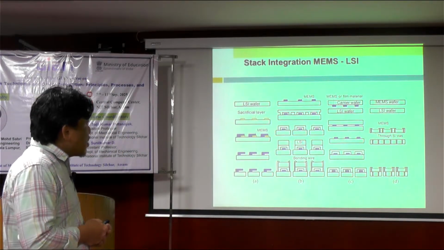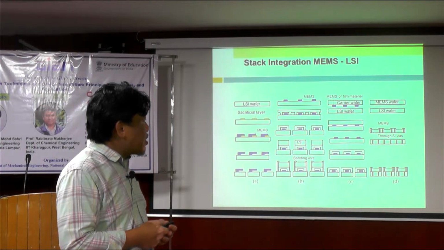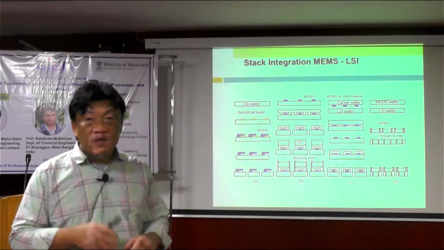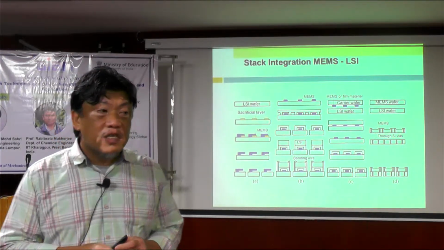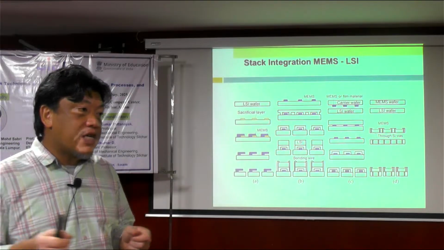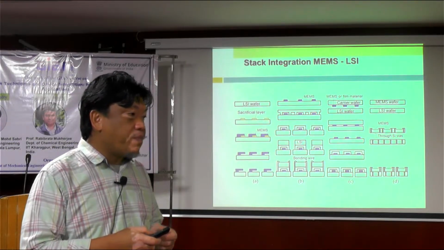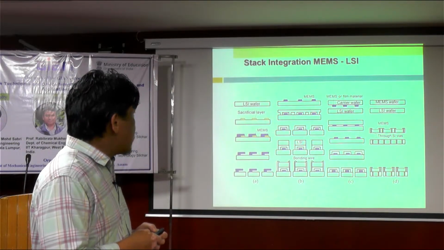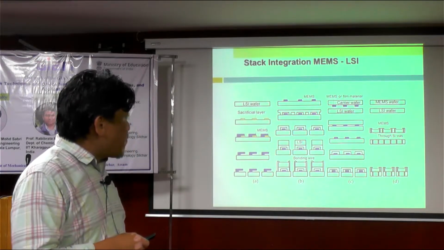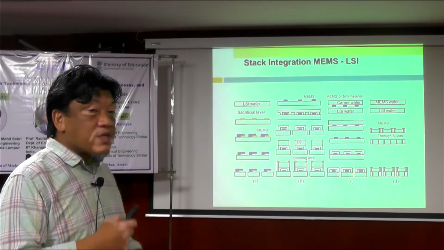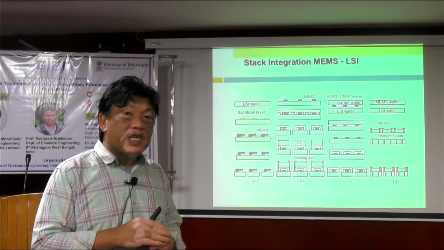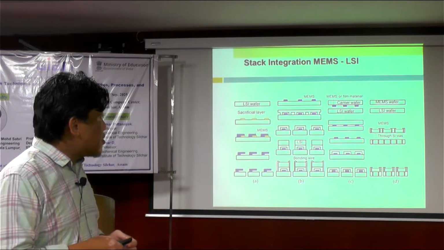So in the case of MEMS integration, there are a few types of integration. You can be lateral, where you connect the circuit or component in a lateral manner. But of course, if you want to save more space, you can go up, meaning you are stacking the device.